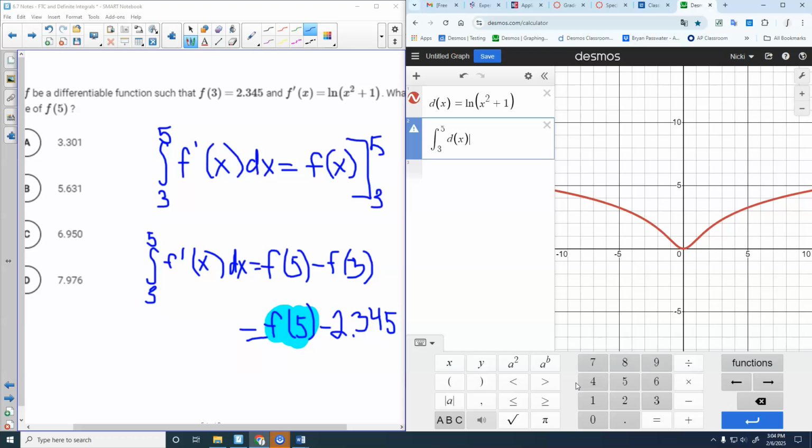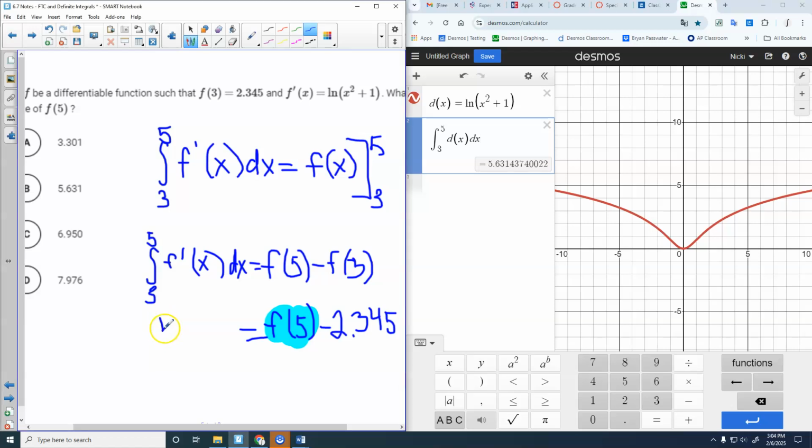It is f prime, but Desmos does not let me type in f prime, so d is my f prime. And then you have to put a dx on the end, or it won't take the integral for you. And you get this number right here. And right now we have absolutely no idea how Desmos is coming up with that number, but apparently that's the area under the curve from 3 to 5 right here, and it can figure it out.